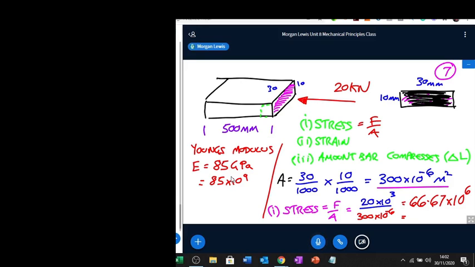So we were all correct together: 66.67 megapascals. Yes, it is mega. Always check, always check.